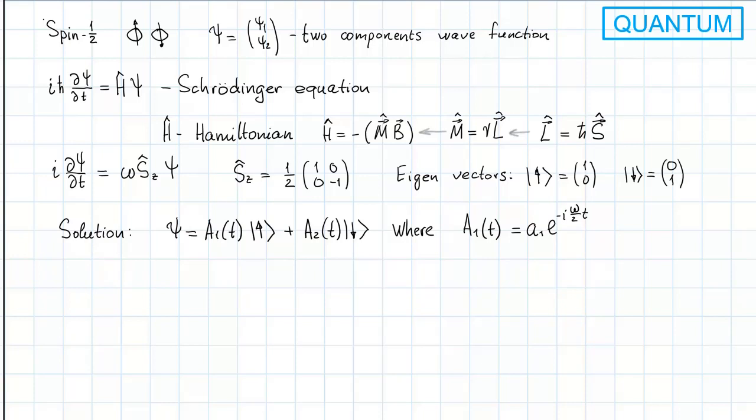The time-dependent coefficient A2 of t is given by a similar expression, but the exponential function is complex conjugated here. This solution can be easily verified by inserting the function psi into the Schrödinger equation. Due to wave function normalization, we can impose additional conditions on the coefficients a1 and a2.